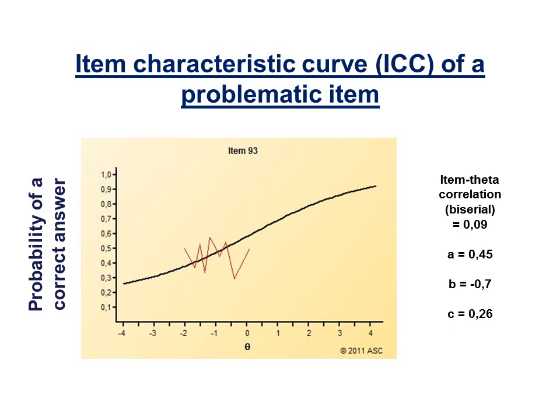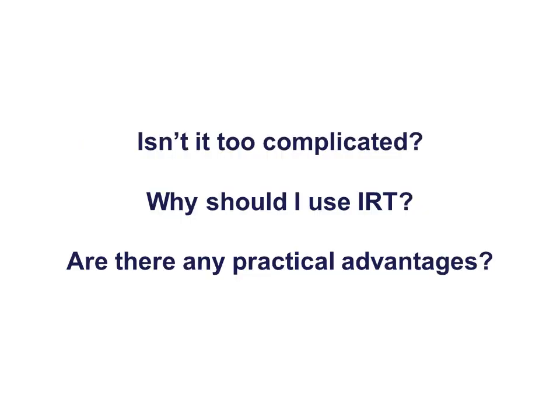For example, in this item we can see that there is clearly some problem. This item was easy. This item was very non-discriminative, because the probability of success in this item didn't change too much across the theta spectrum, and it had a pretty high level of success due to guessing, at least in this estimation, in this mathematical modeling.